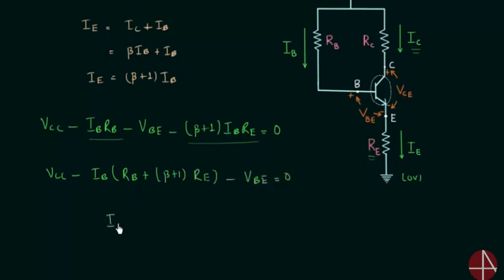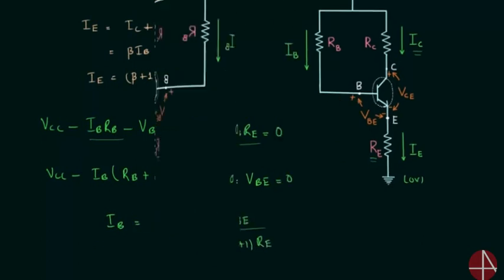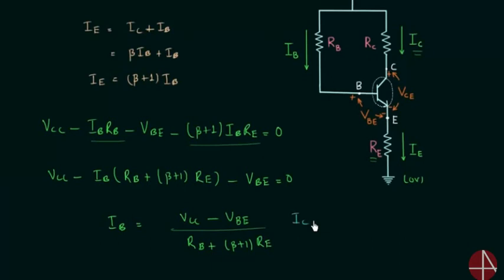So IB is simply equal to VCC minus VBE divided by RB plus, inside the bracket, beta plus 1 RE. This is the expression of base current, and collector current IC is equal to beta times the base current.